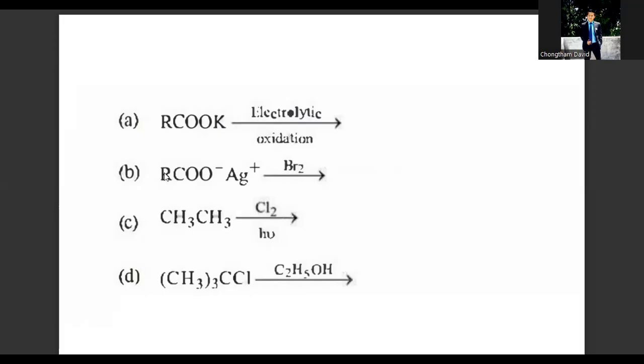Okay, so you can understand this much better by writing the reaction at the anode. Remember, anode is where oxidation takes place. Oxidation, as you know, is losing of electrons. The carboxylate ion will lose electrons, and from this it will give alkane plus carbon dioxide.